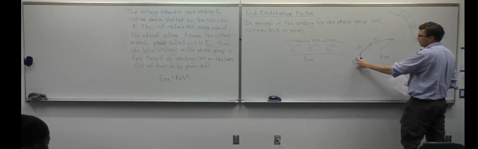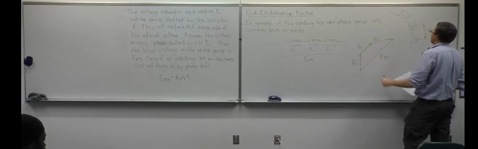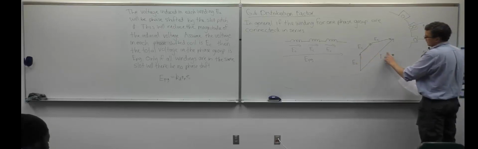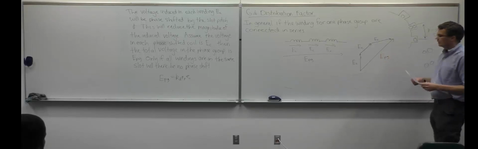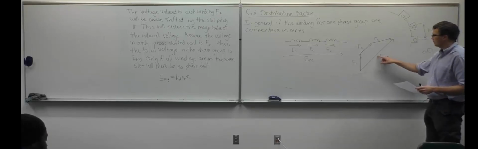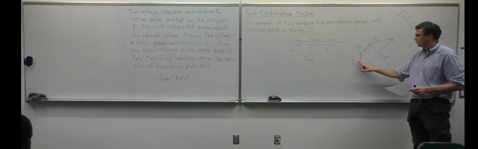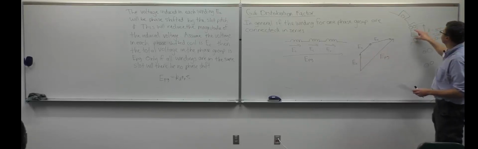We'd have 3 coils, and the 3 coils are shifted by some angle. I could draw that on here, and then they'd sum up to this total. So the question is, how does the total sum of the winding voltage relate to the individual voltage across each of the coils?